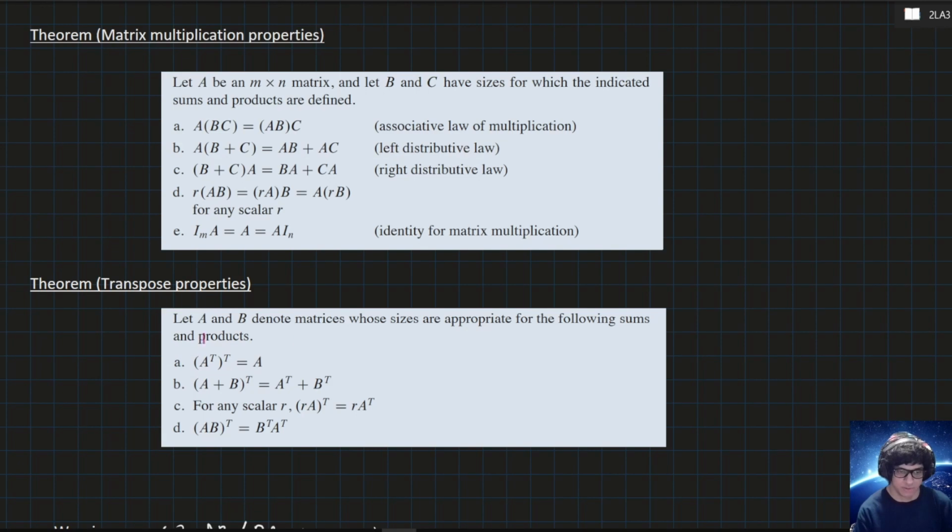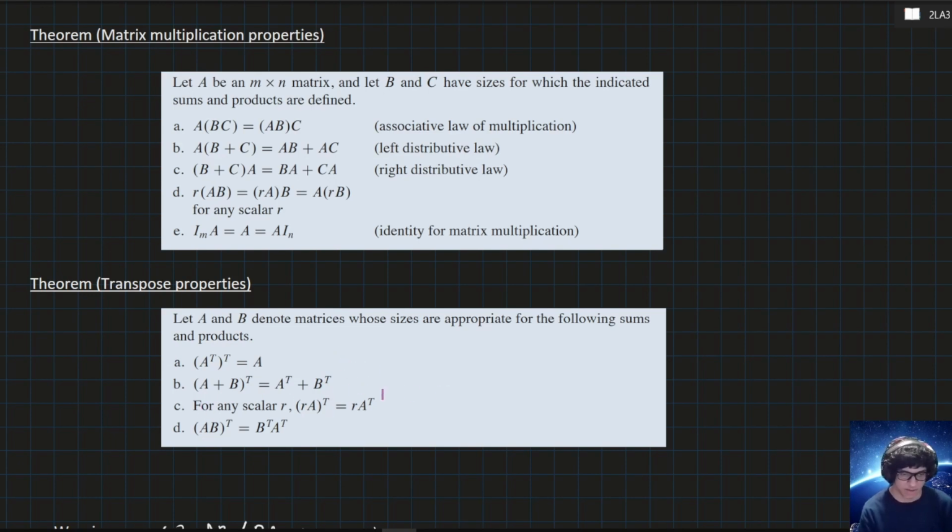We mentioned this before: if you take the transpose of the transpose, you get your original matrix back. Part B is saying that if you take a sum and then transpose it, that is equal to taking the transpose of each of the summands.